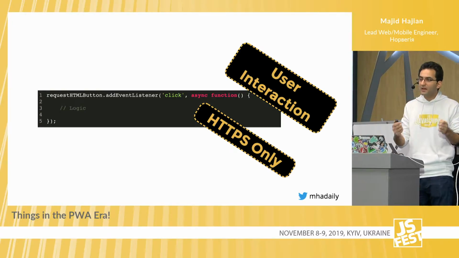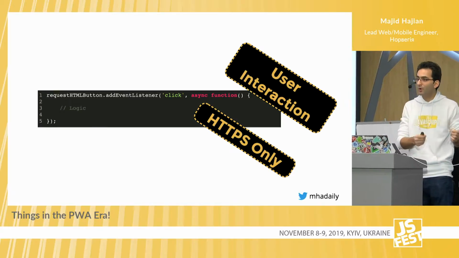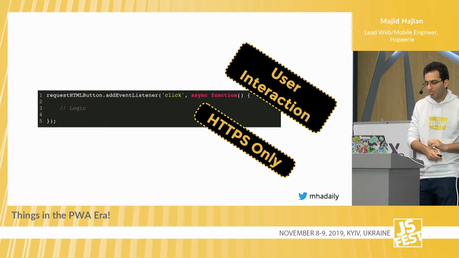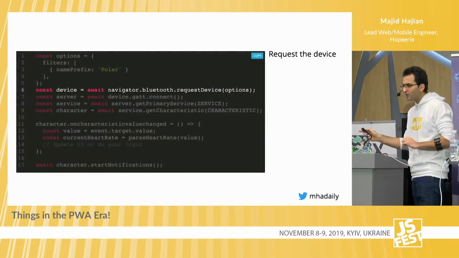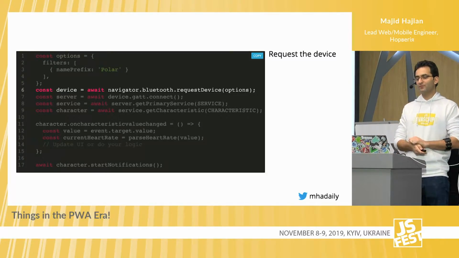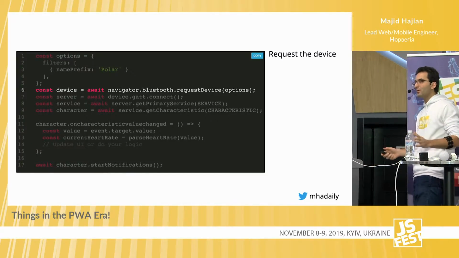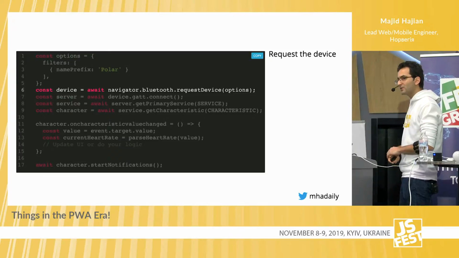That is actually a core concept, one of the main important parts of the PWA already. So once your user clicks, now you are able to request the device, and that is quite easy. All the APIs are promise-based, so we start from there.